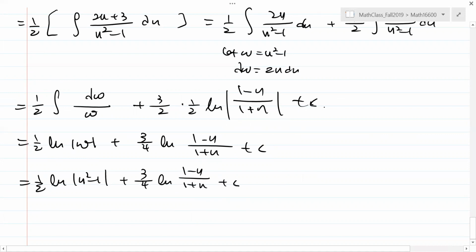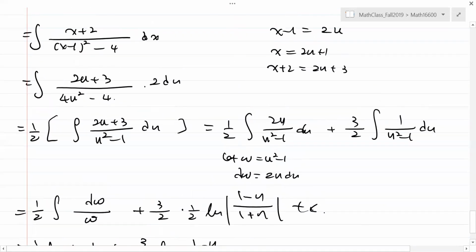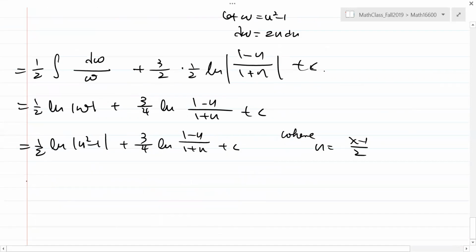All right, then you have to go back. What is u? u is (x minus 1) divided by 2. Okay, you have to express it in x. If you don't have time, just say where u is (x minus 1) divided by 2. Okay, otherwise you have to put this back.